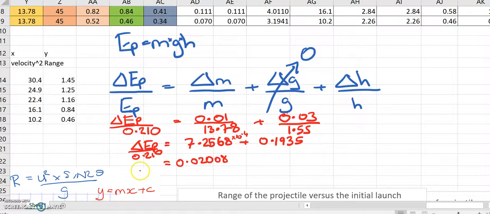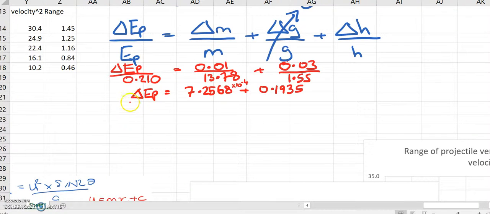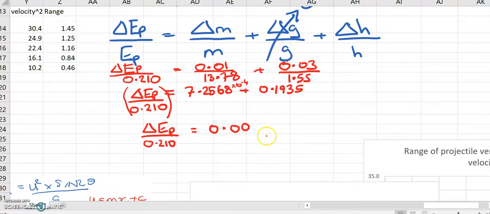So what we have in effect at the moment is the absolute uncertainty in the potential energy divided by 0.210, which is a relative uncertainty, equal to that number plus that number. So the absolute uncertainty in the potential energy divided by 0.210 is equal to 0.00208.